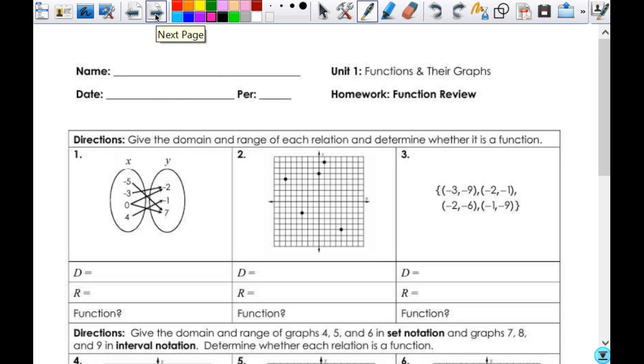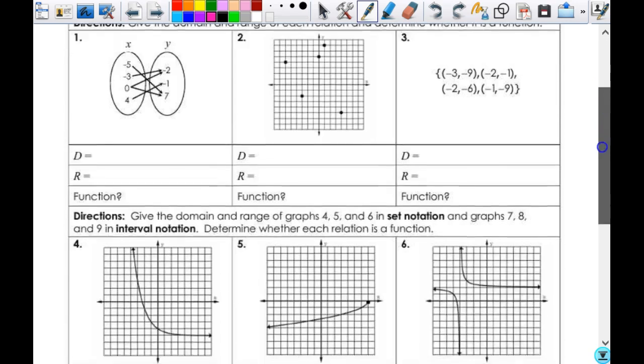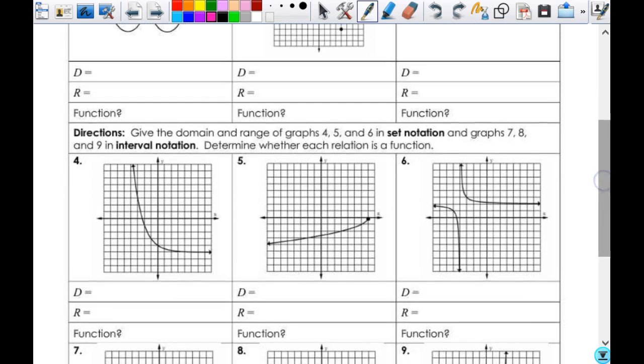So on here, a couple of things. You're going to see where the directions right before number 4 start, and it says give the domain and range of graphs 4, 5, and 6 in set notation. You're going to mark out set notation, and you're going to do everything in interval. Okay, no set notation, everything in interval notation. Okay.